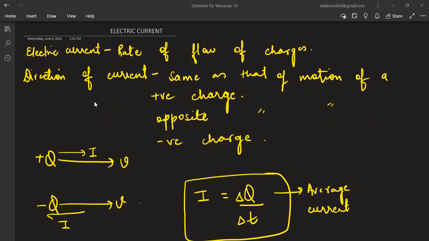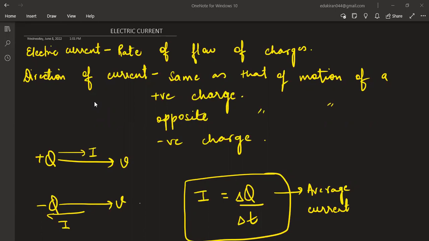So can we call it a vector quantity or a scalar quantity because it has a direction, right? But remember, electric current is the only scalar quantity that has a direction. The reason is that electric current doesn't obey any vector laws, and to be a vector quantity, it has to follow all the vector laws, which is not satisfied by electric current.